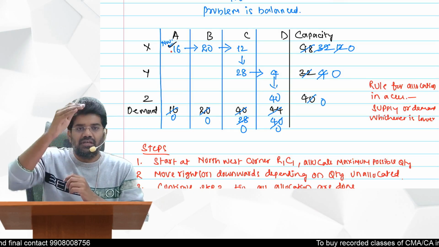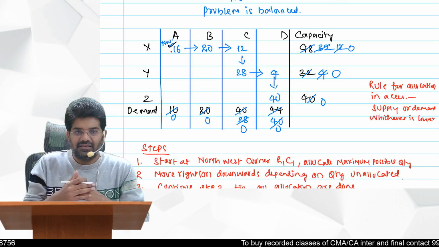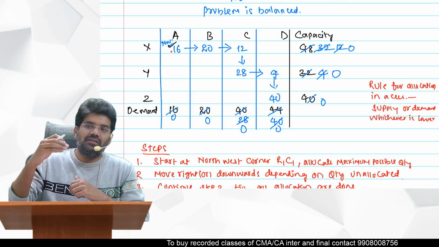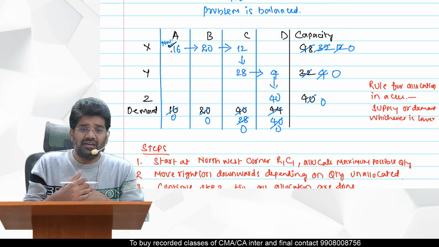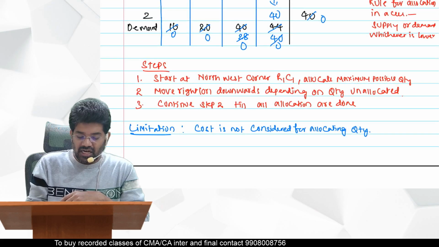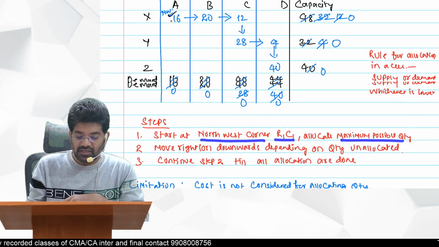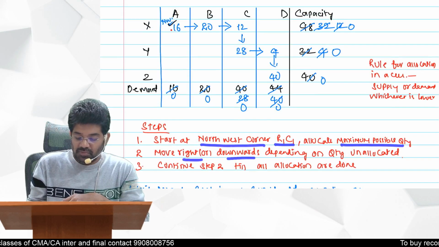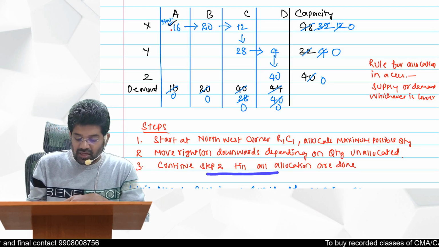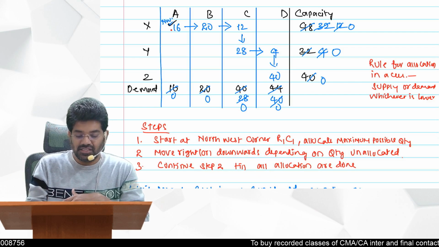If your column got exhausted, you will not come downwards, you will go to the right side. Whatever unallocated portion is there, you will allocate following those conditions. So start at northwest corner R1 and C1, allocate the maximum possible quantity. Move right or downwards depending on quantity unallocated. Continue step 2 till all allocations are done. So the same step you will repeat till all allocations are done.